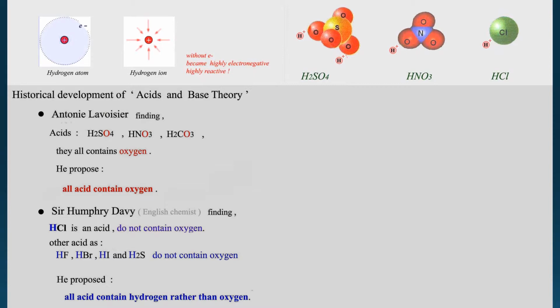So he said these molecules cause the acid reaction because of hydrogen rather than oxygen. Is this correct or not correct? We know it is not correct. Why? A hydrogen atom is different from a hydrogen ion. They are a totally different story.